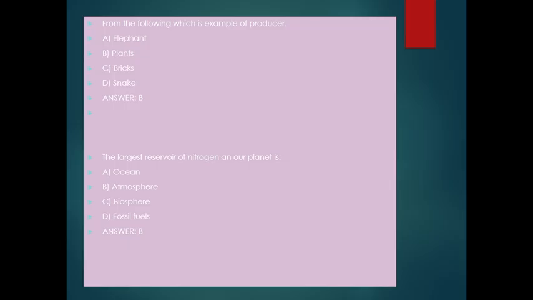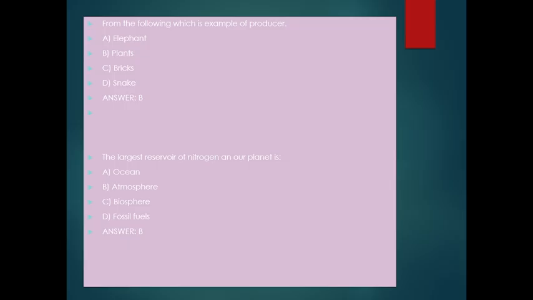Why not oxygen? Because oxygen is required for respiration. But the nitrogen is an inert gas, whereas the oxygen is a reactive gas. So in case of flammability, fire, oxygen is required.